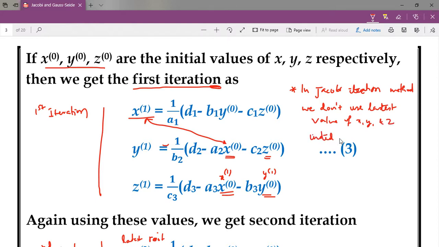Instead, we use the initial values for finding all of x, y, z.